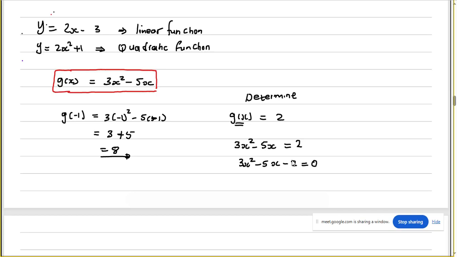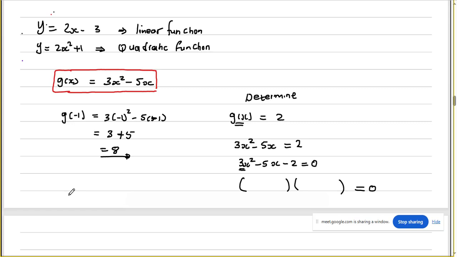So I'm not sure if you still remember how to factorize quadratic functions. Yes, I do. So now, if we have the value of a as 3, how can we factorize this? Do you know how we can factorize this?